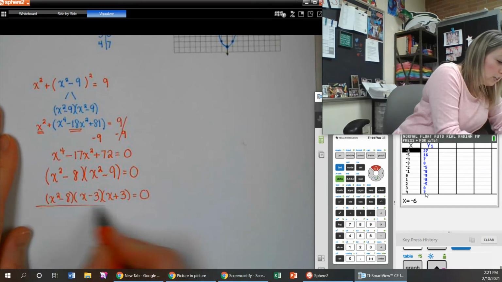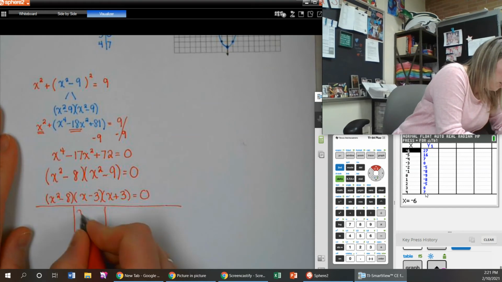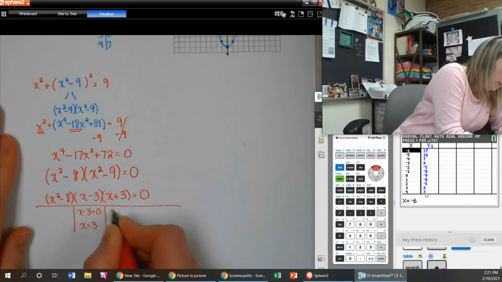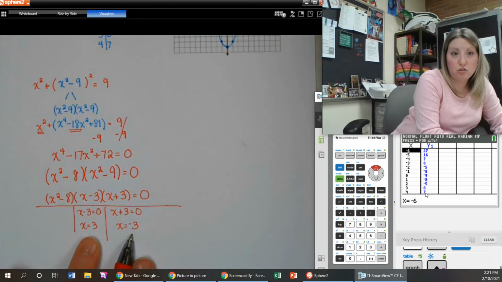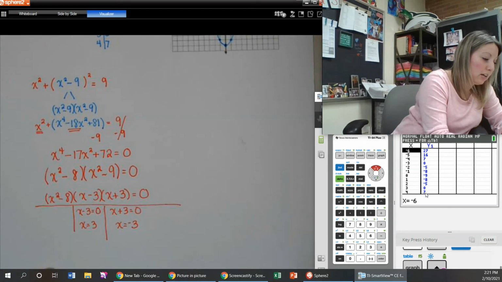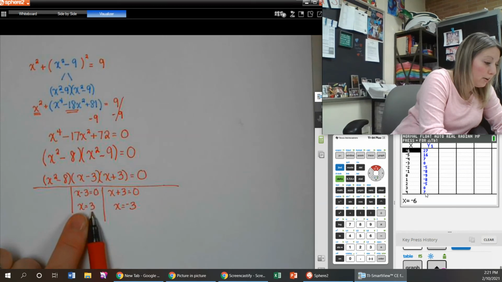And now just t-chart these three equations. These two are the easy ones because they're linear equations. So you get x equals 3 and x equals negative 3. If you plug them back into your parabola, 3 squared is 9, 9 minus 9 is 0.